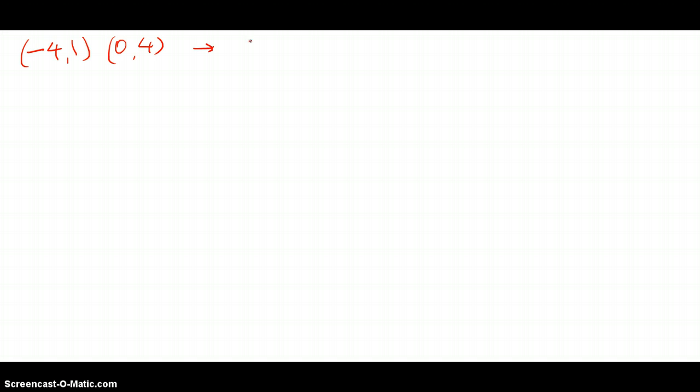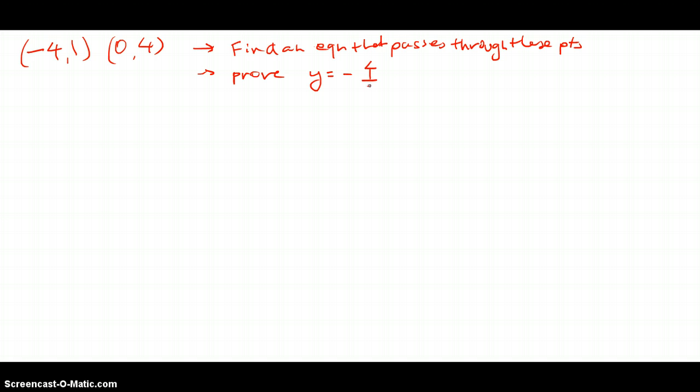Okay, first thing you want to do, find an equation that passes through these points, and the next thing you want to do is prove, yes, I picked up on my spelling error from the previous slide, prove y is equal to minus 4 on 3x minus 2.